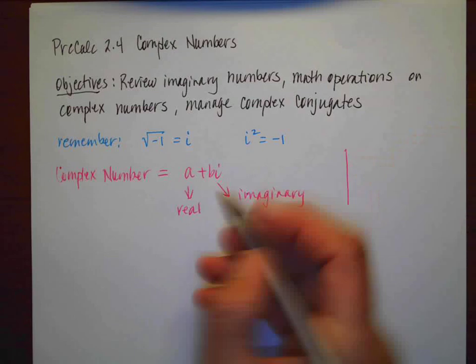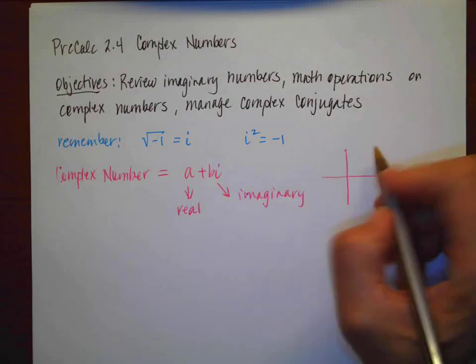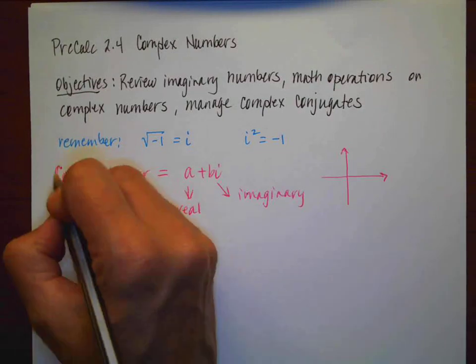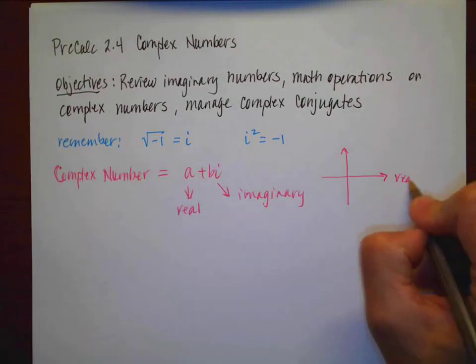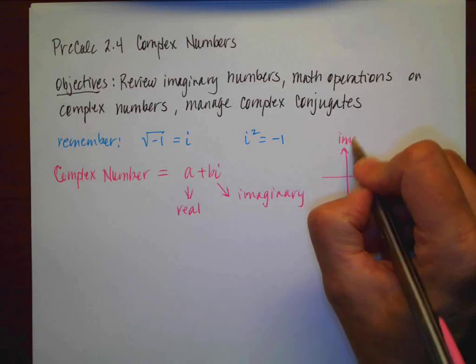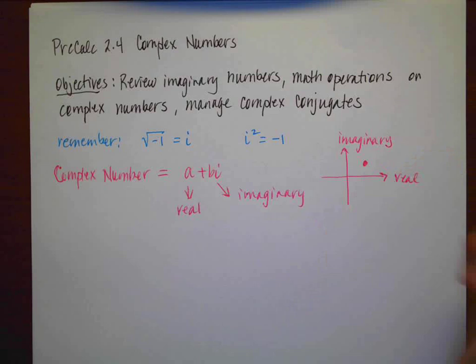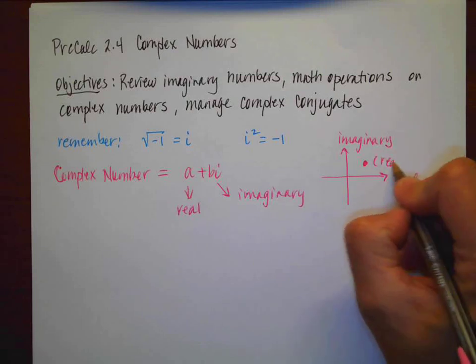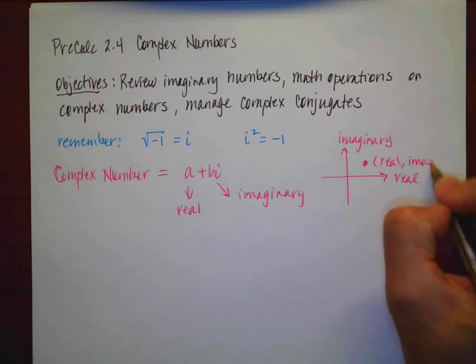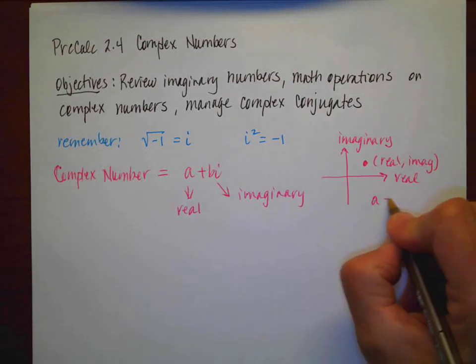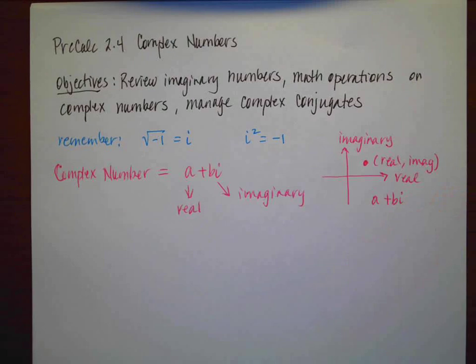The reason that they show up in this particular format: if I want to graph a complex number, then this is the real axis and this is the imaginary axis, and a point would have coordinates real, comma, imaginary. So that means that point would have coordinates a + bi. So we would write it in that form instead of our standard x, y format.